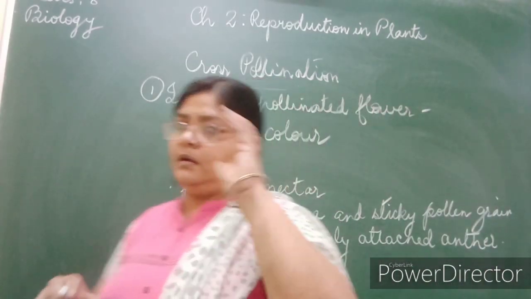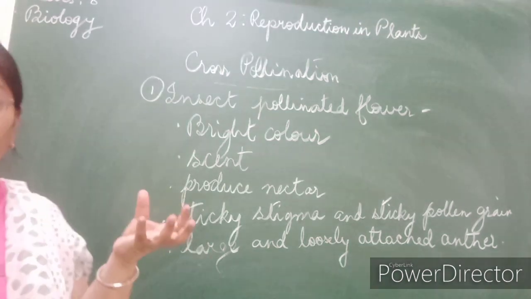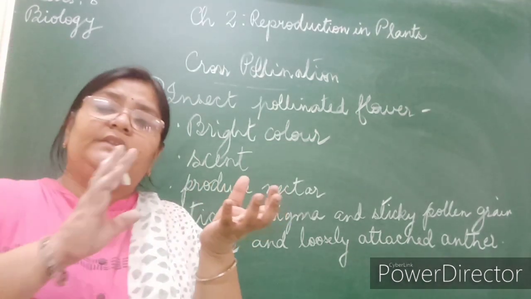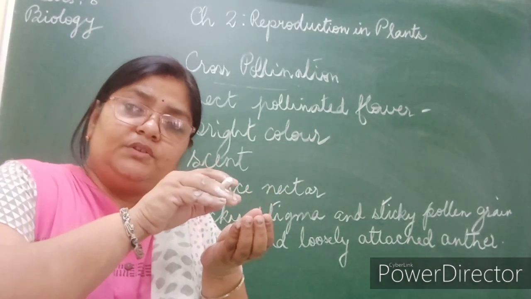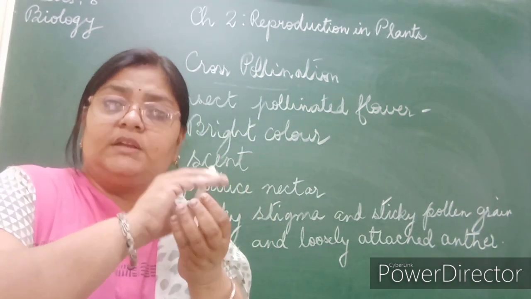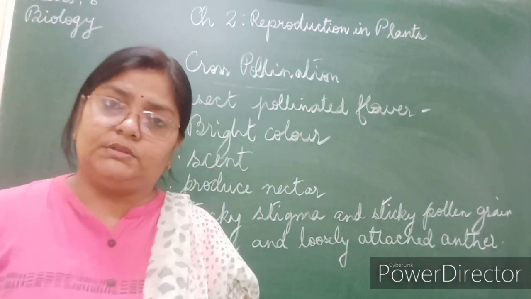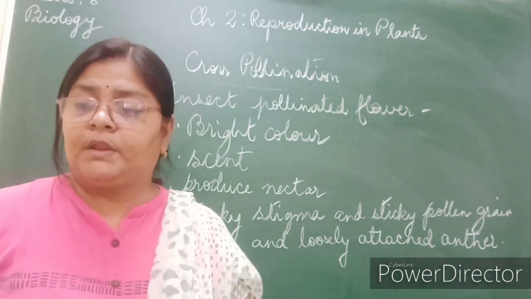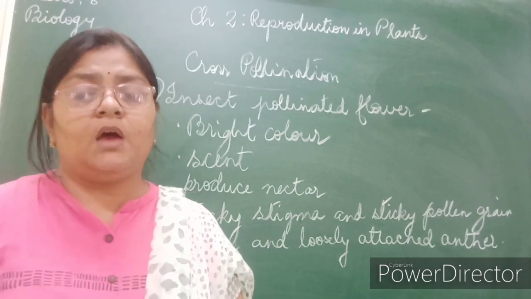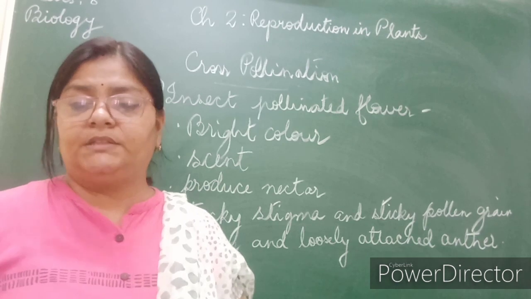So if they are loosely attached and they are protruding out large, then what will happen? Very easily, when the insect comes and sits on the flower, it will get in contact with the anther, and therefore the pollen grains will get deposited on its body. Okay, so this is how insect pollinated plants are helped by its features.